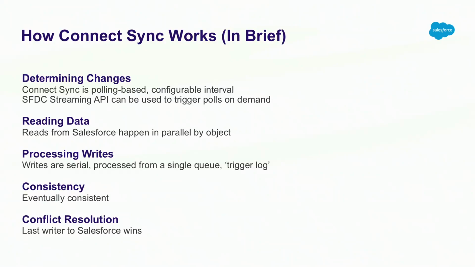When it comes to reading data, Connect will read data in parallel. It's highly parallelized. It's a more advanced topic, but you can actually have multiple Connect instances work against a single Salesforce org. But that can be too much load on the org, because again, it's highly parallelized in how it reads. Reads and writes happen in parallel. Writes happen in a serial fashion, very fast, but the reasons have to do with data integrity and how we log the data.